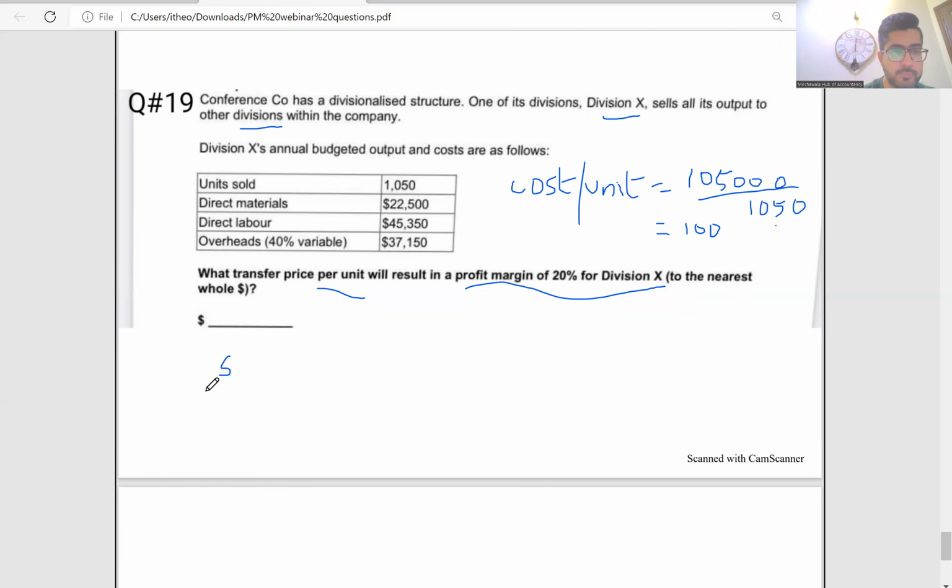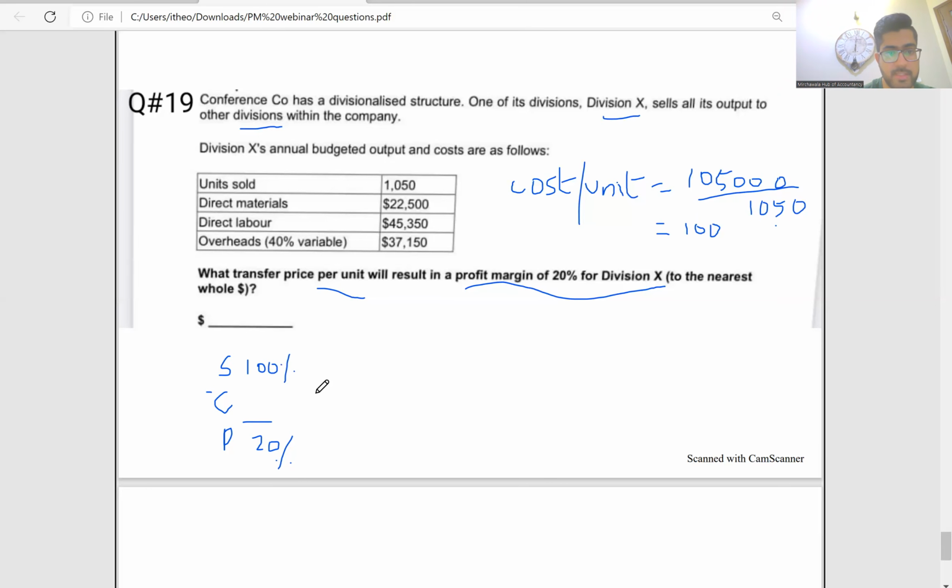So you know, when profit margin is 20%, the S minus P chart: since it's margin, sales is going to be 100%. It's not markup, it's margin.